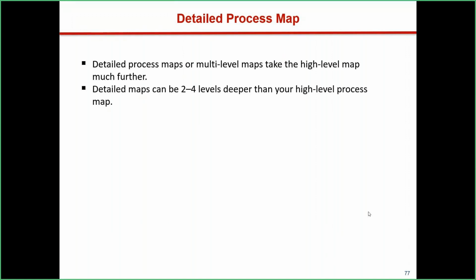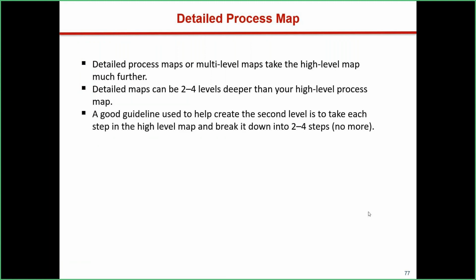A detailed process map, or multi-level map, takes the high level map much further. Detailed maps can be 2 to 4 levels deeper than your high level process map. A good guideline to help create the second level is to take each step in the high level map and break it down into 2 to 4 steps, not more than that.